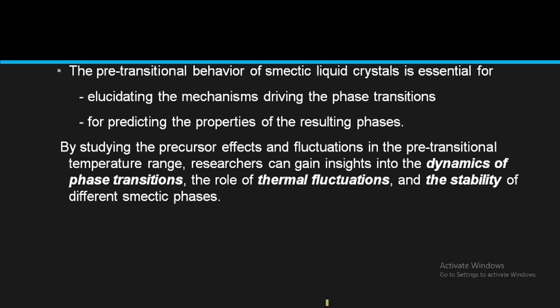Because it helps in elucidating the mechanisms driving the phase transition, because we need to know how these phase transitions are happening and what the significance of it is, or why we need it. So to elucidate all this, to get to the conclusion of all this, we need to know what the pre-transitional behavior is. And one more use is predicting the properties of the resulting phase.